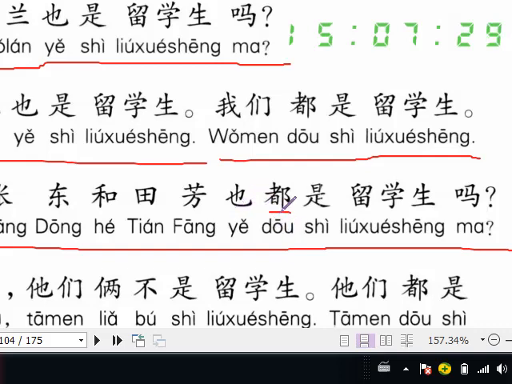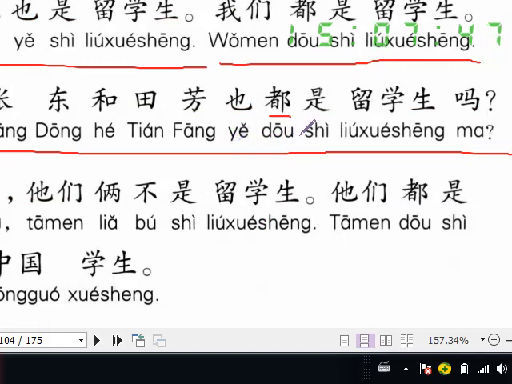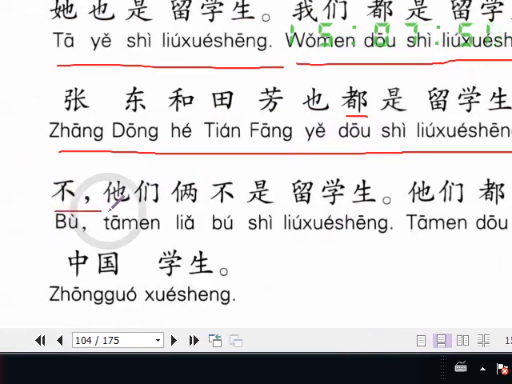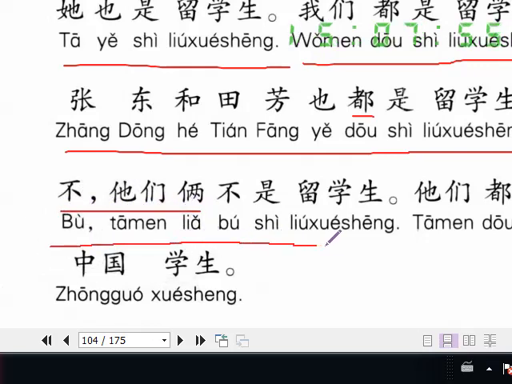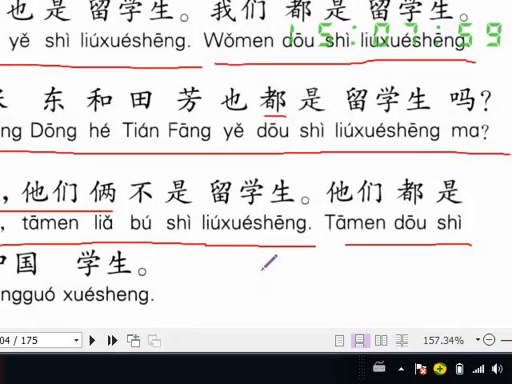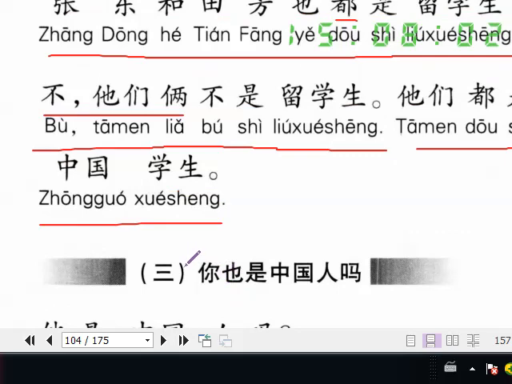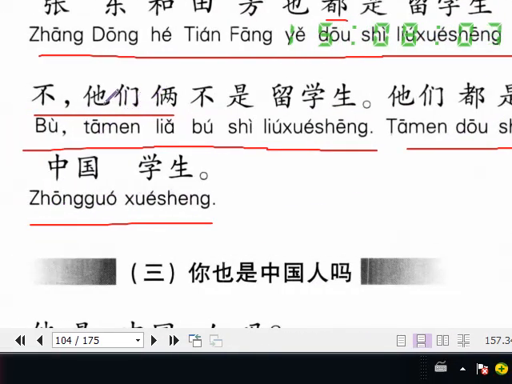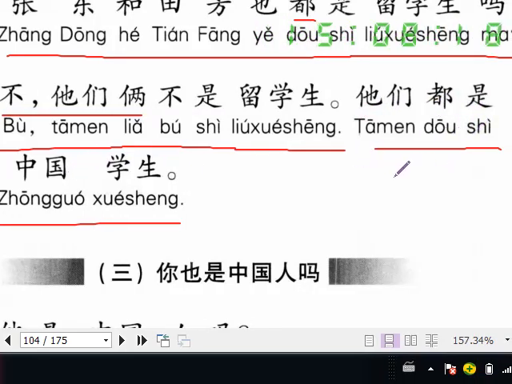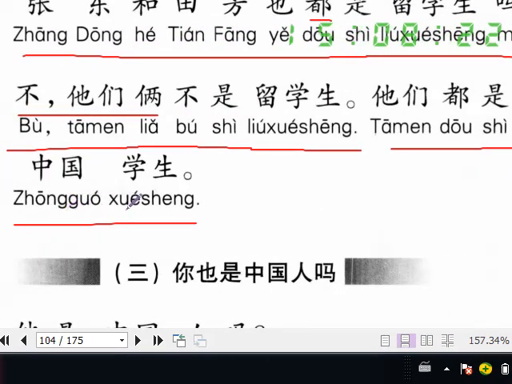Because there's also, so if translated 都是留学生, unnecessary to say or I think both. 他们俩不是留学生，他们都是中国学生。他们俩 two of them are not overseas students. 他们都是中国学生 they are both Chinese students.